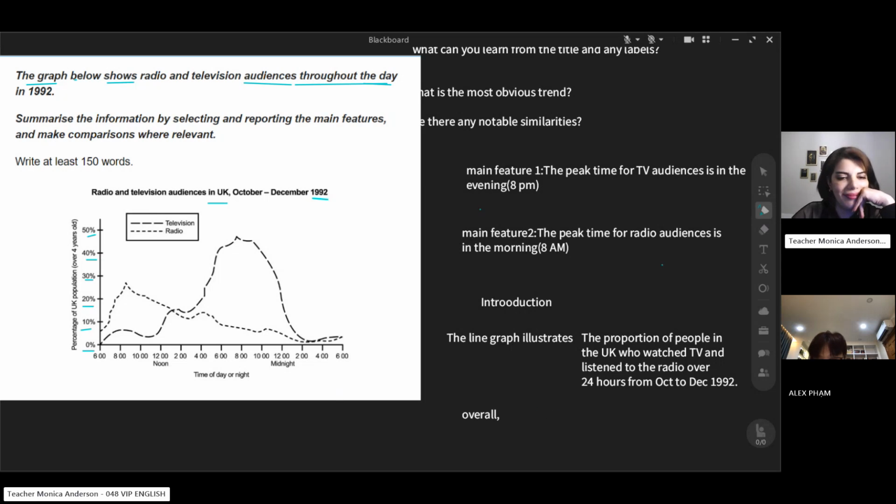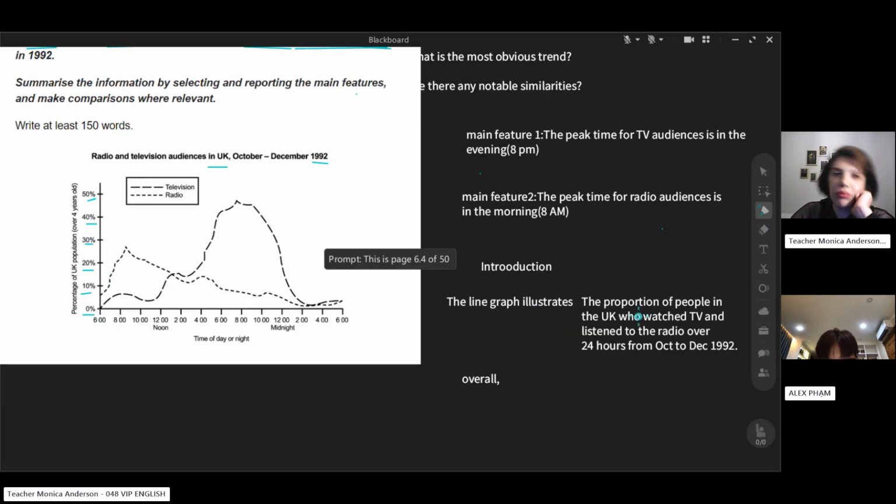Could you help me? The peak time for TV audience in the evening is much higher than the peak for the radio audience.